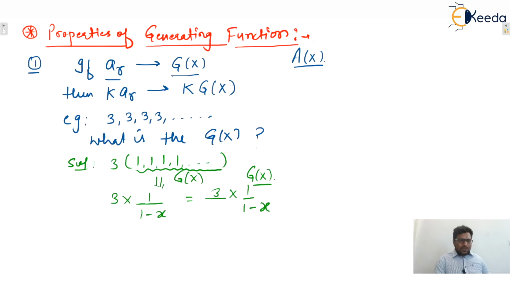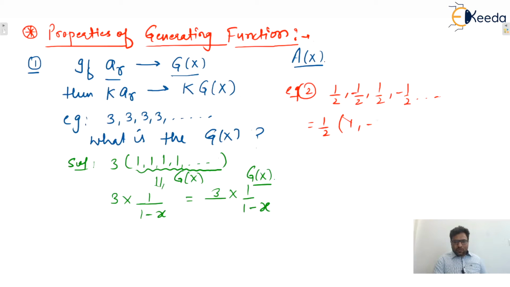Okay, write down the next example. Let us take one more example, example number 2. The question is, what is the generating function for the sequence 1 by 2, minus 1 by 2, 1 by 2, minus 1 by 2 and so on. So take 1 by 2 as a common factor.